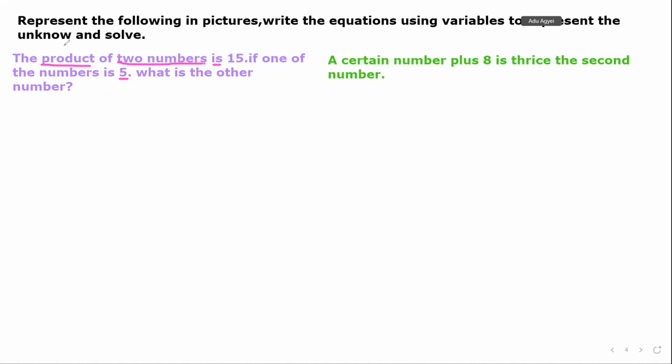The product means multiplication. So when you multiply two numbers, the answer is supposed to be 15, but one of the numbers is 5. What is the other number that you multiply by 5 to get 15? Let's quickly solve this one.